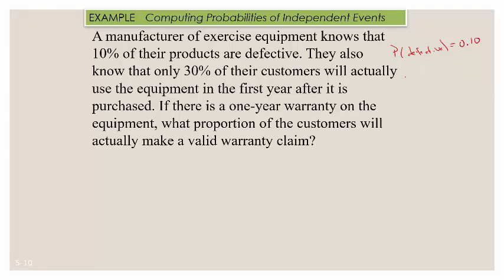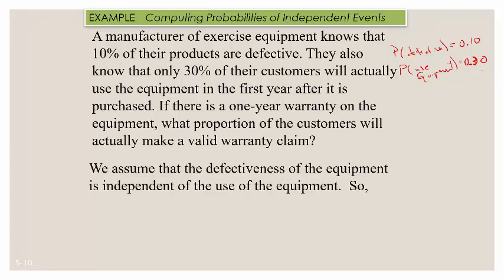They also know that only 30% of their customers will actually use the equipment in the first year, which is a sad statistic if it's true. If there is a 1-year warranty on the equipment, what proportion of customers will actually make a valid warranty claim?